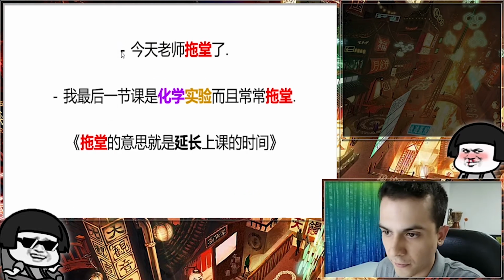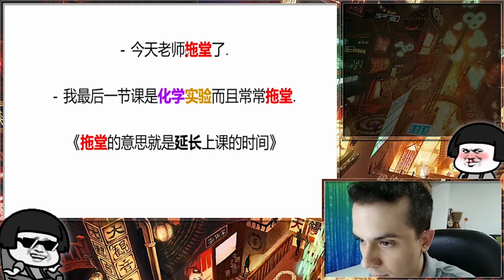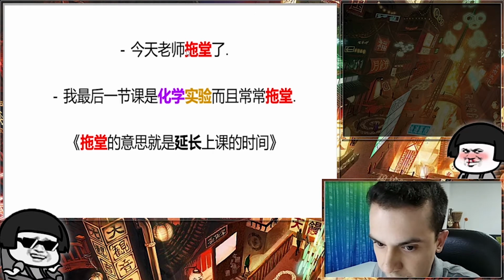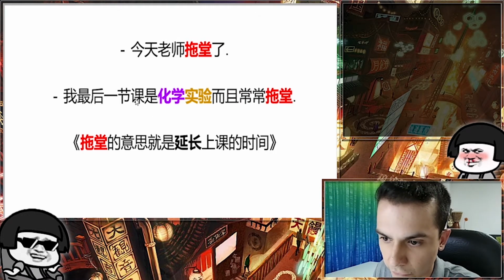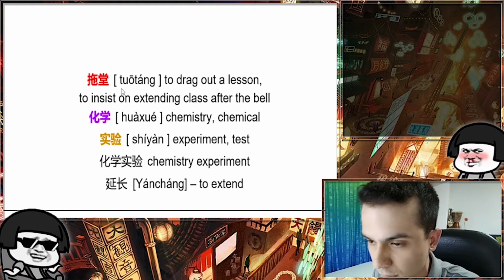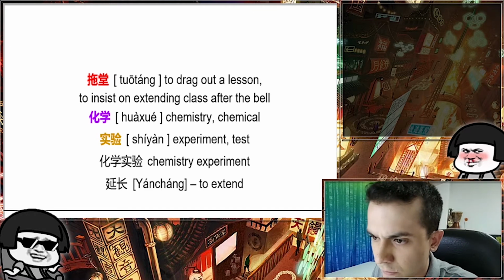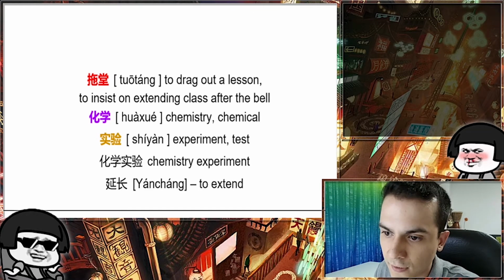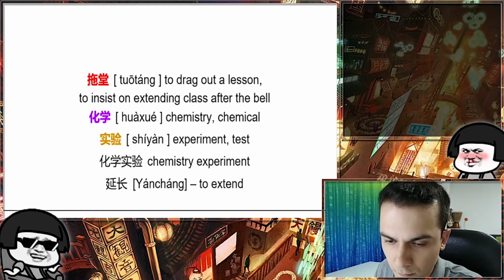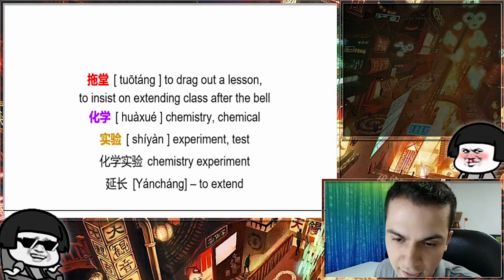Alright, so in these new sentences, what do we have? We have 拖堂, okay, and some others. So let's check them out. Okay, what do we have here? 拖堂 means basically to drag out a lesson or to make students stay overtime in class, right?